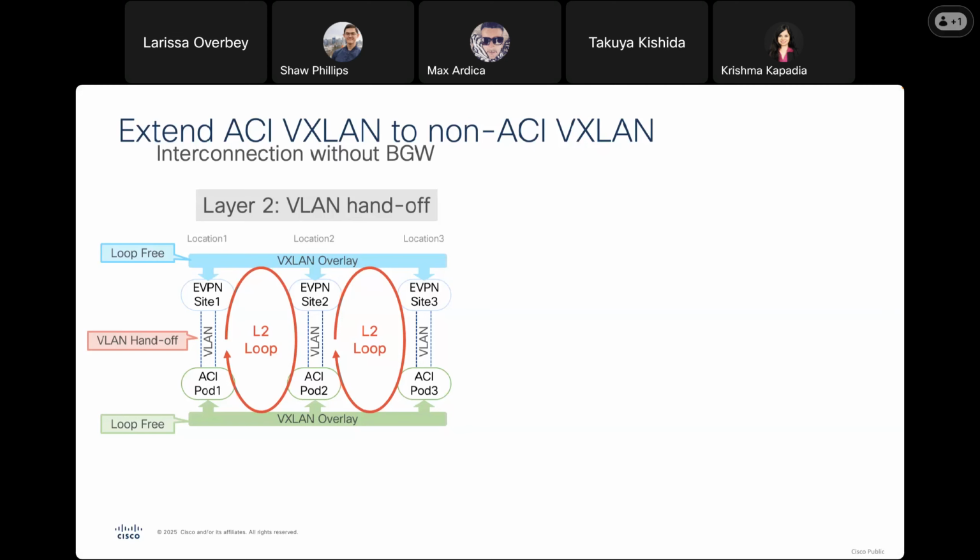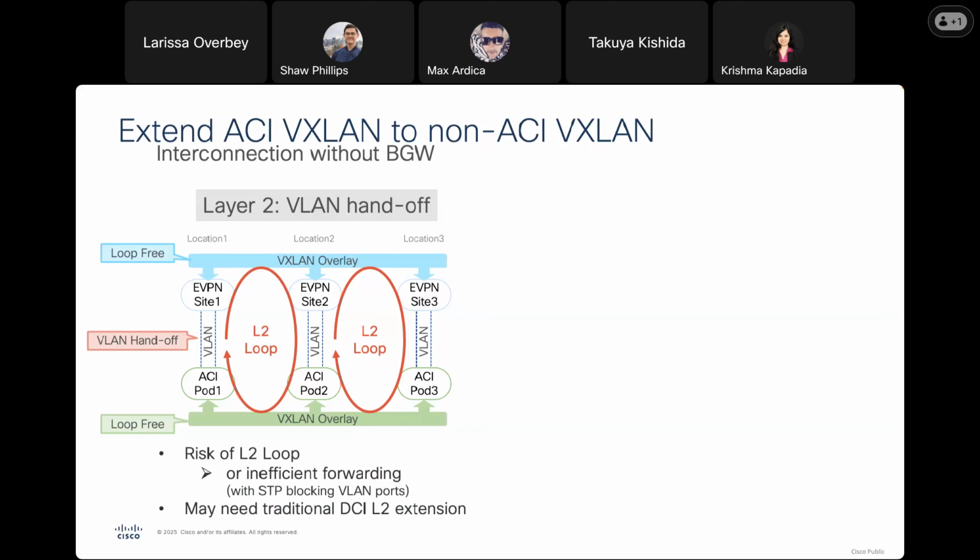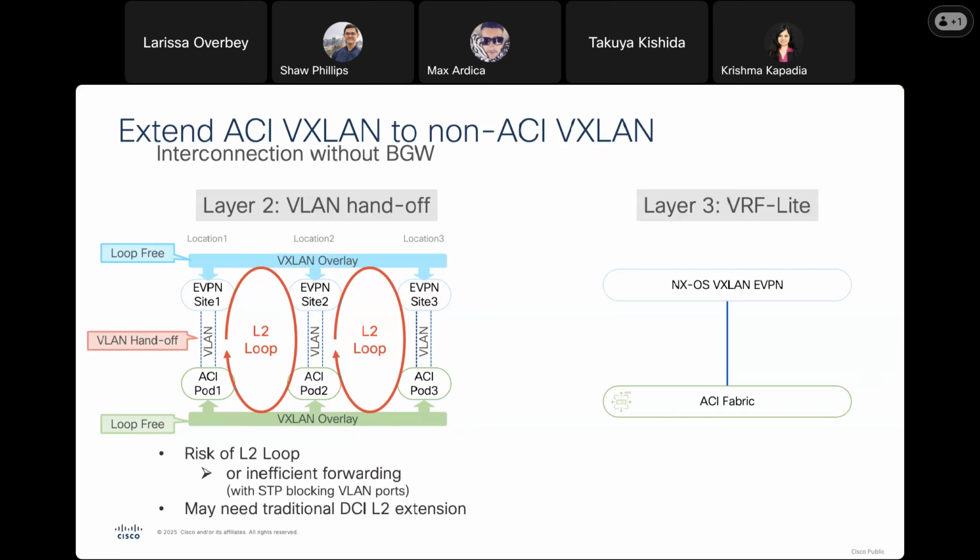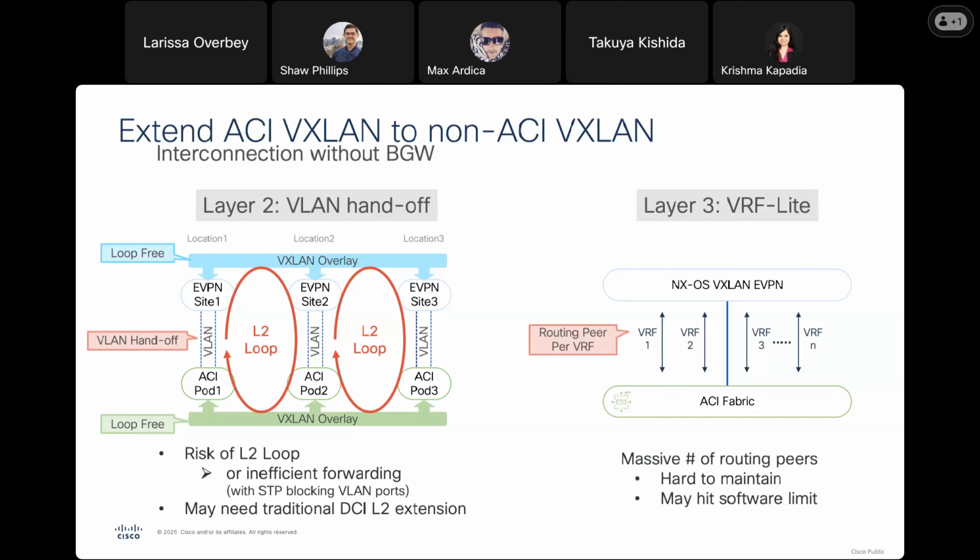Now for layer 3, we would need to create multiple peers, a peer for each VRF that we're extending. And this may end up being harder to maintain and might not be able to scale out.